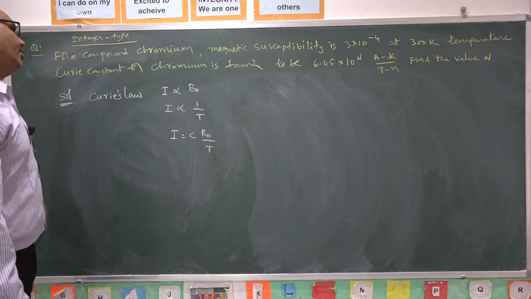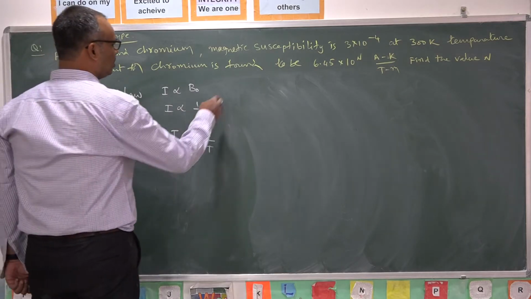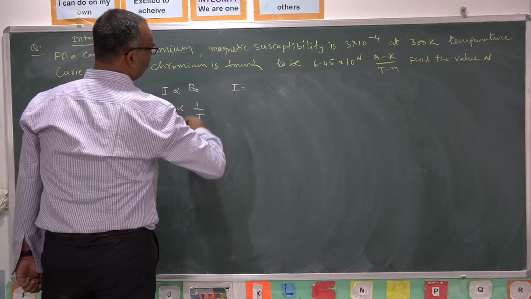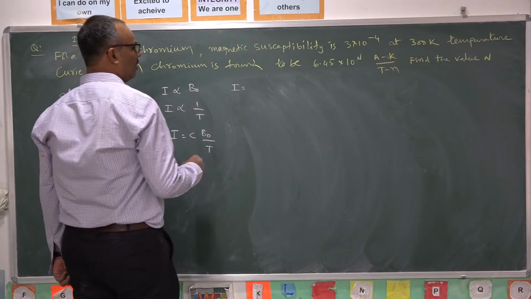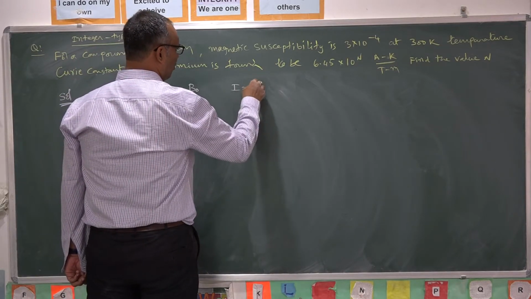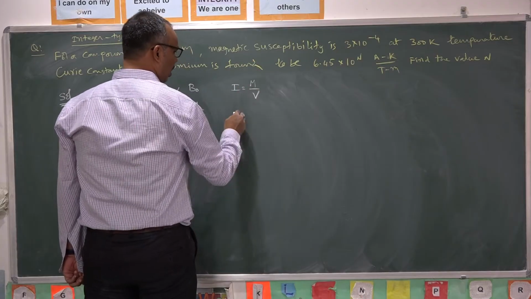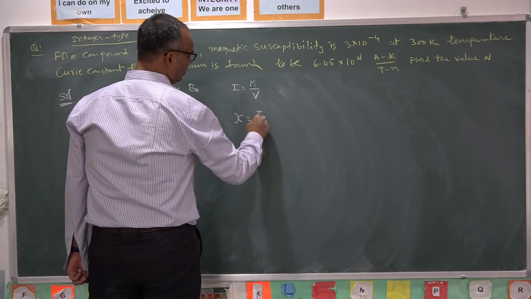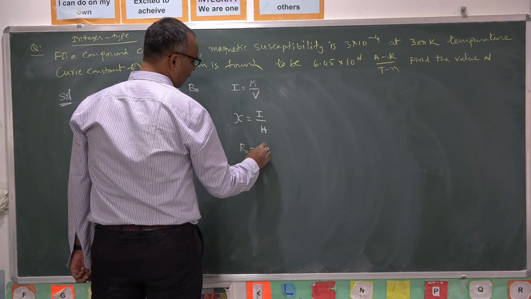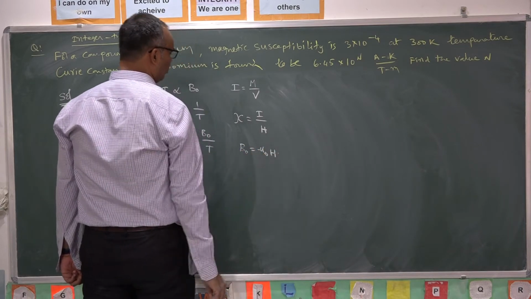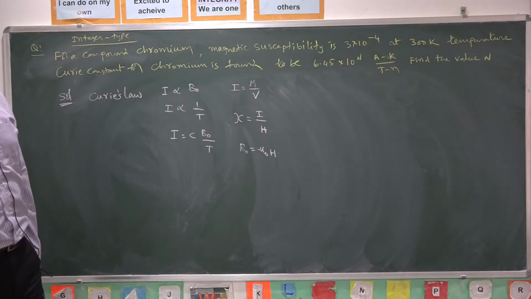I is called intensity of magnetization, which is magnetic moment per unit volume, and magnetic susceptibility is I by H. B naught means mu naught H. So these are the general formulae known to us.